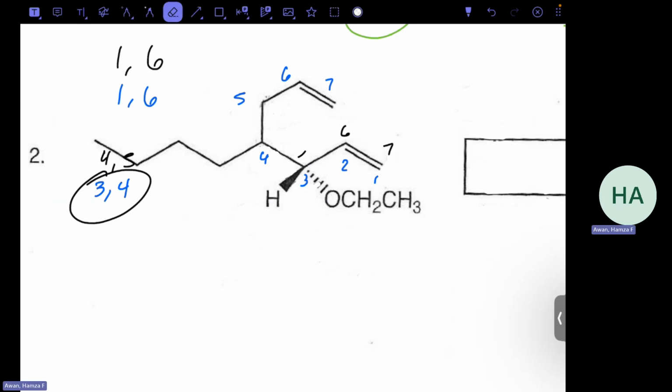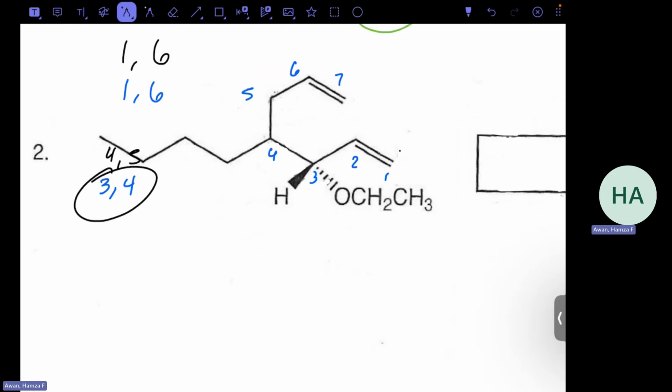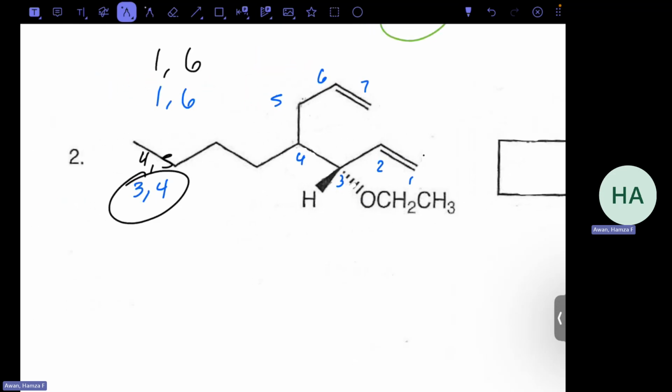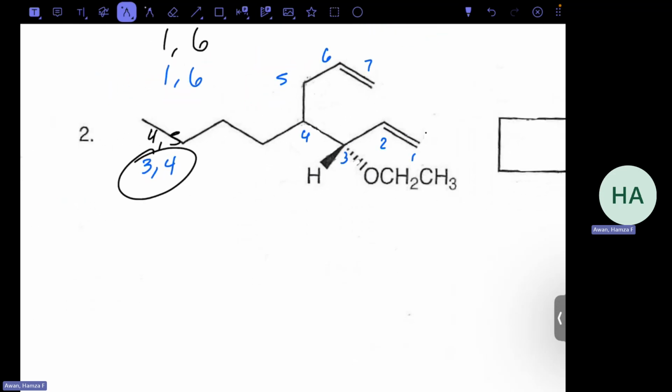Okay, so starting off, our parent chain is going to be, we already found where the double bonds were. So it's a 1,6 dash, and whenever we have 7 carbons, we have a heptane, right? But this becomes heptene, right?